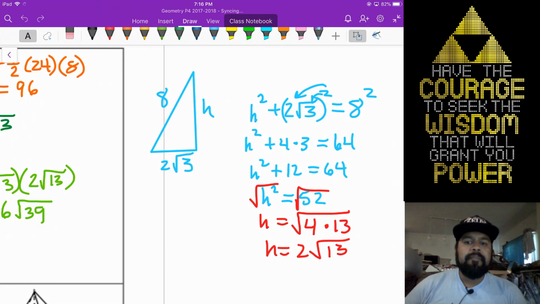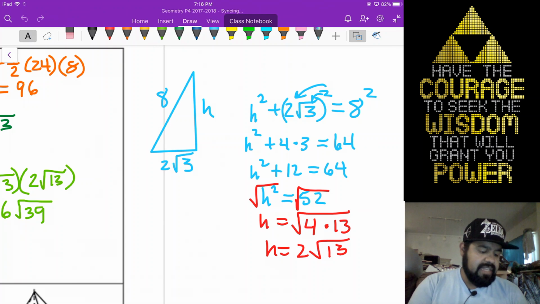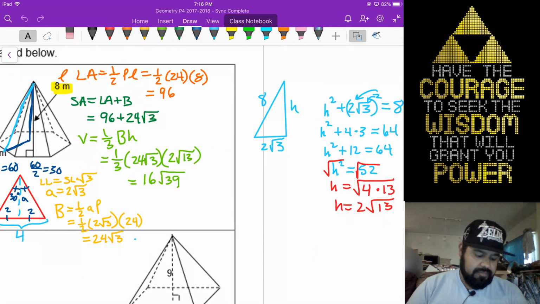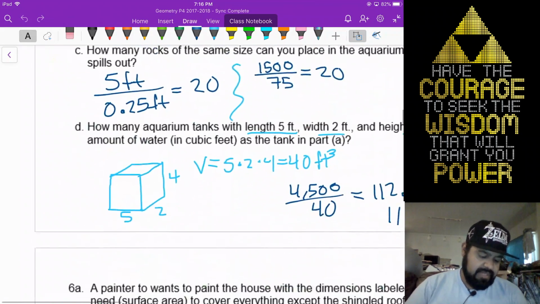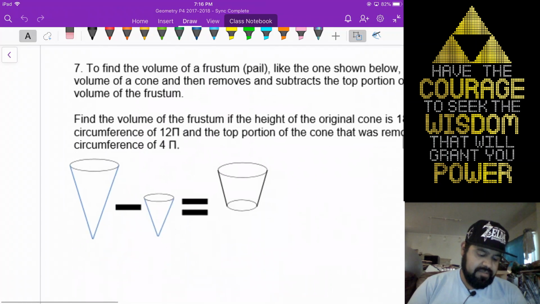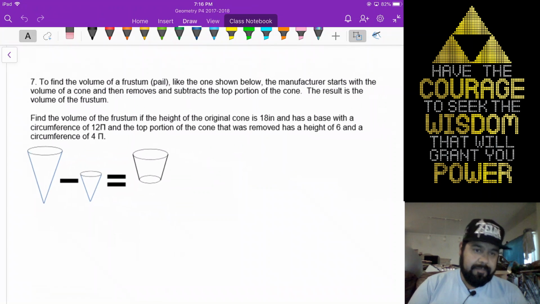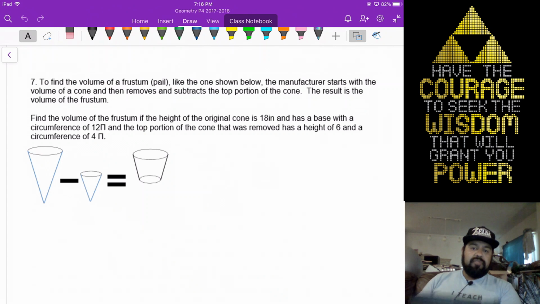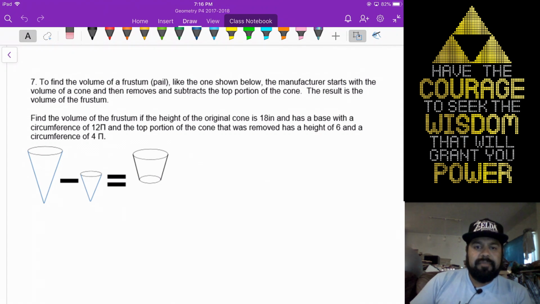Okay, cool. So let's go ahead and take a look then at number 7. We already did 5, there's 6, 7, okay. So I know we never formally learned what a frustrum was, but a frustrum is just a word that essentially says it's a section of a cone, or it's a section of a pyramid that doesn't include the top.